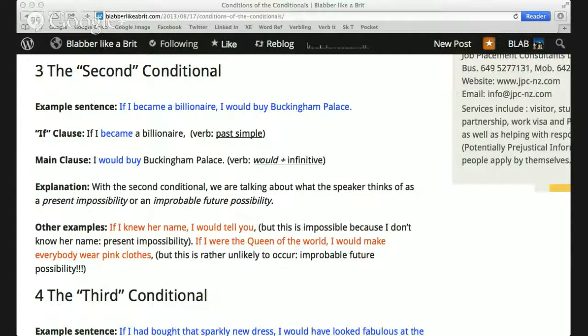Yes, teacher. All right, tell us, what would you do if you became a billionaire? If I became a billionaire, I would buy maybe 100 cars, 100 expensive cars. Wow, and where would you put them all?